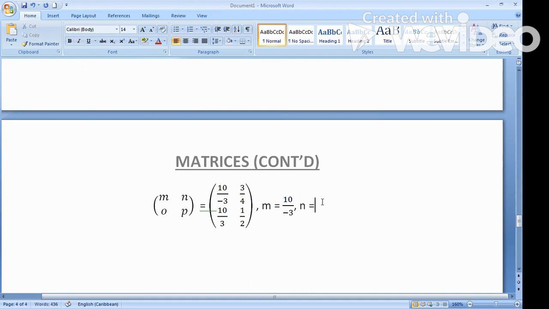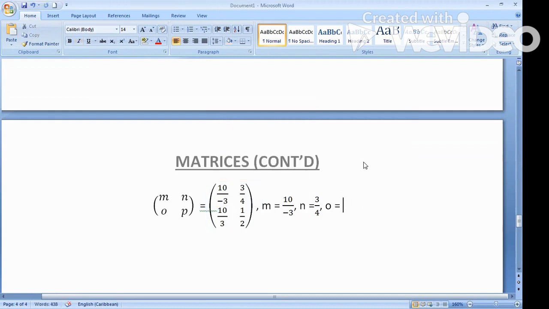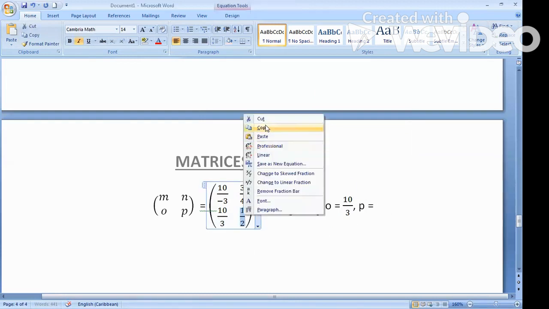N is equal to what? 3 over 4, etc. And P is equal to a half.